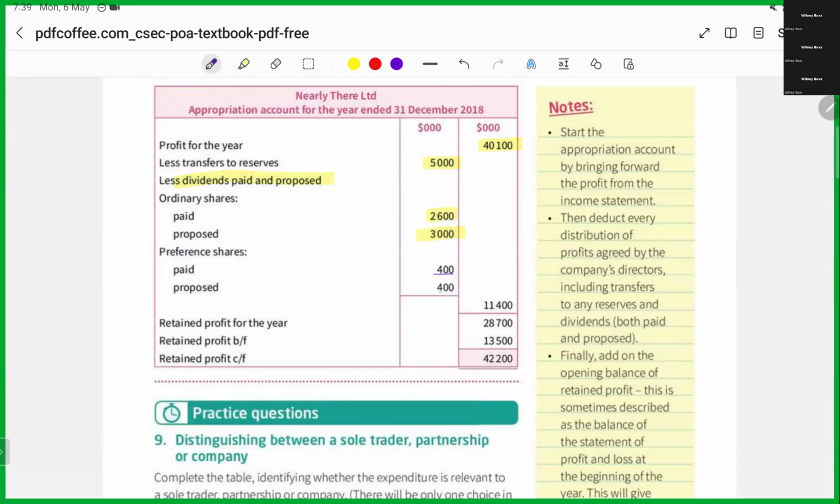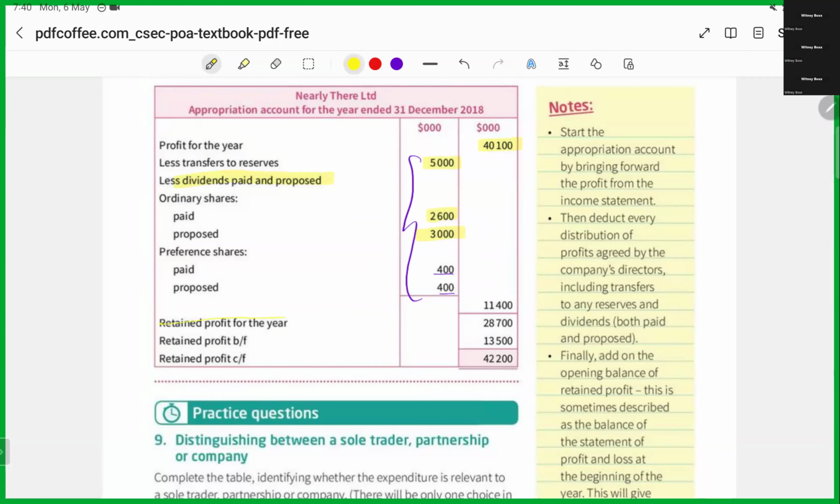And we add all of these appropriations, we get 11,400. When you subtract that because you're moving out the money from your profit for the year, you get 28,700, which represents your retained profit for the year.